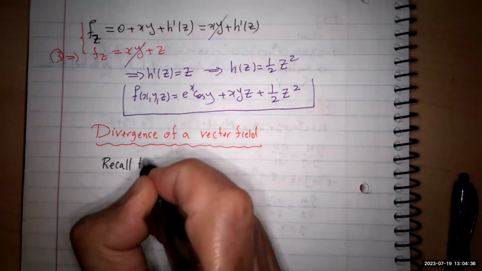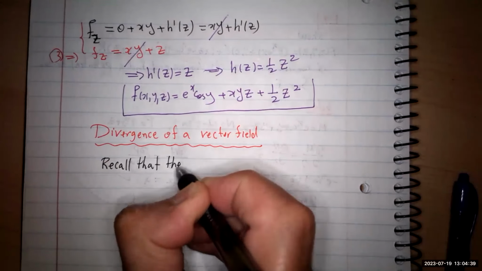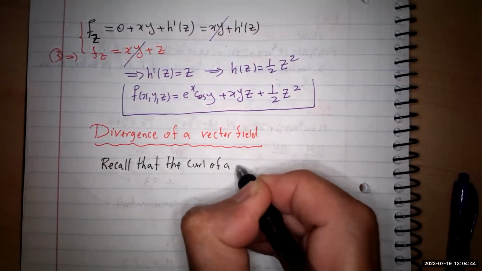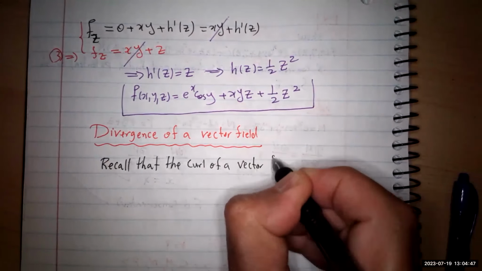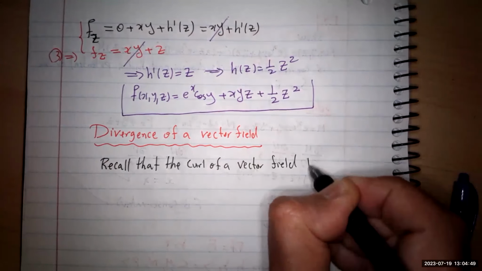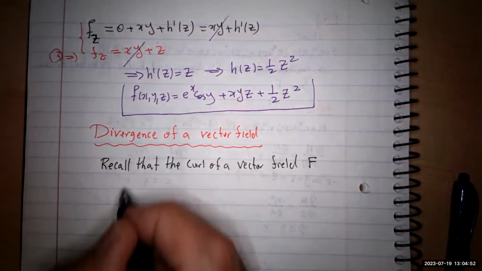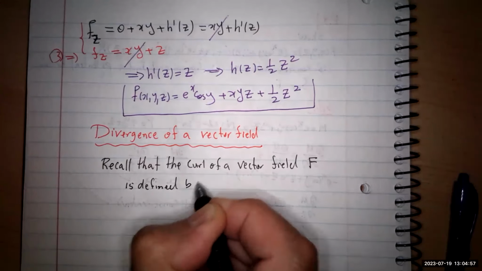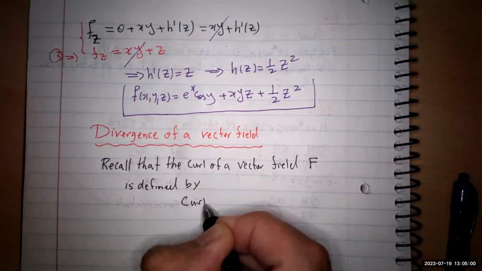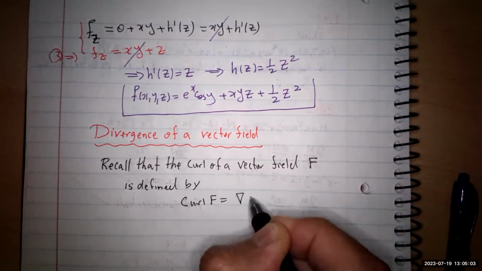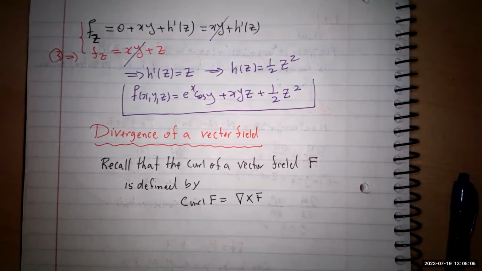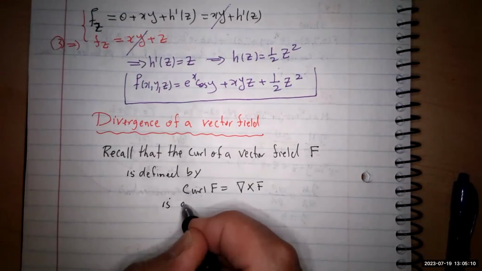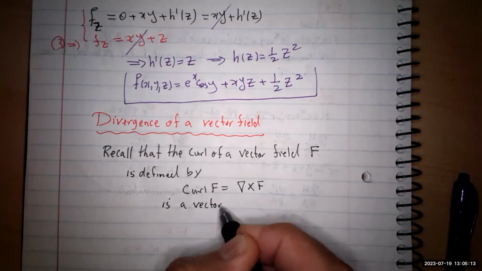Recall that the curl of a vector field F is defined by a cross product: curl of F is del cross F, which is a vector field, of course.